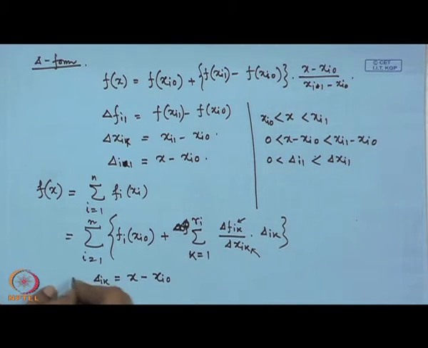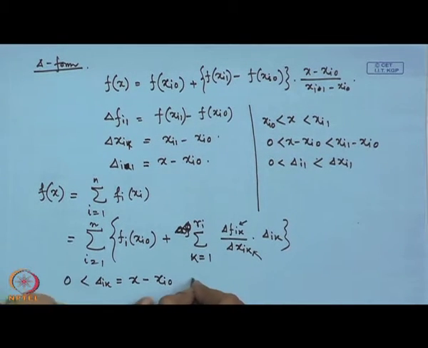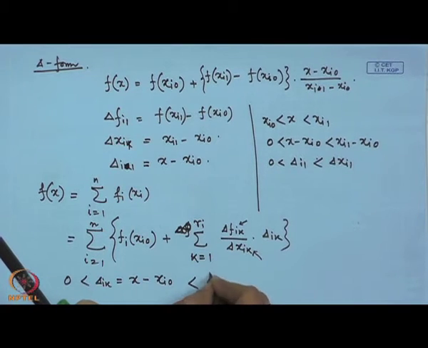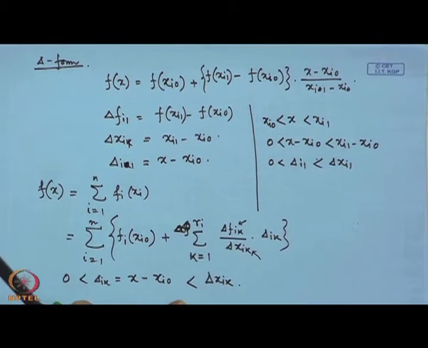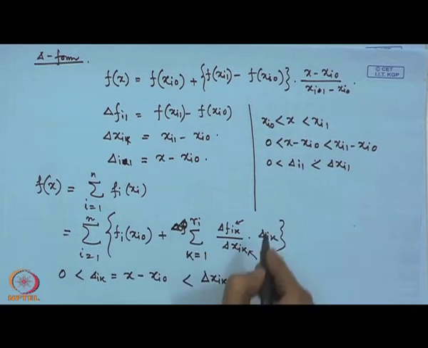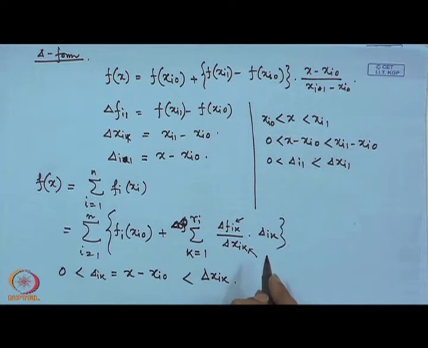Thus, I can say here delta ik is in between 0 to delta x ik. Thus, you see this is the objective function. Similarly, we can write down the constraint function as well, where the decision variables will be delta ik's, which are in between 0 to delta x ik, and these are all constants.